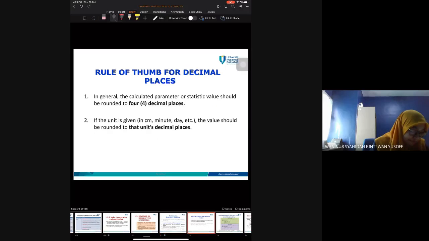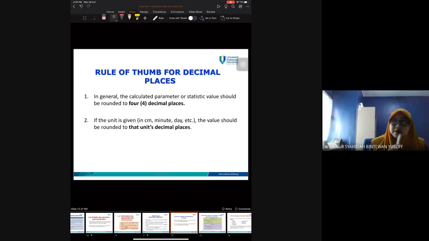Rule of thumb, everybody should know this, please take note: every value that you calculate for this course must be at least 4 decimal places. When we deal with data, there will be a lot of decimal places in our values, so I need you to use at least 4 decimal places.